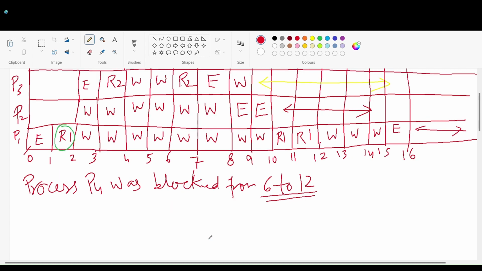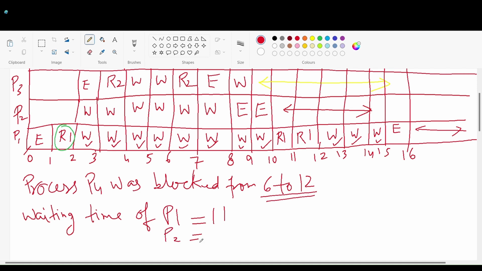So I can ask a question like, what is the waiting time of P1 during this execution? See, count the W. 1, 2, 3, 4, 5, 6, 7, 8, 9, 10, 11.